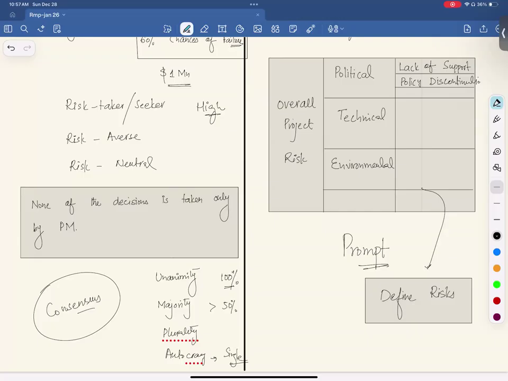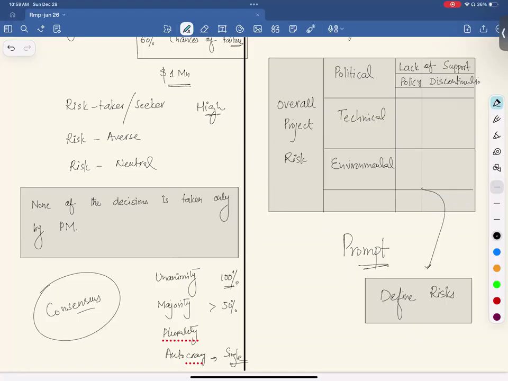For example, you give an input to Chat GPT and it gives you an answer. That input is called a prompt. You understand, everybody? Something that you write for Chat GPT is called a prompt. So similarly, these subcategories act like a prompt, and based on that prompt, you identify more risks.